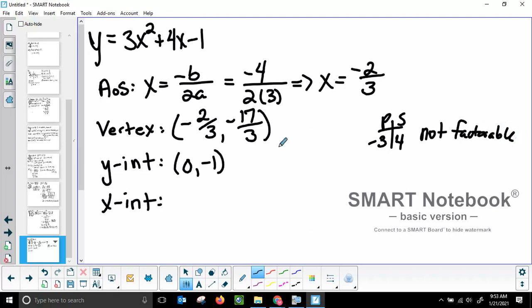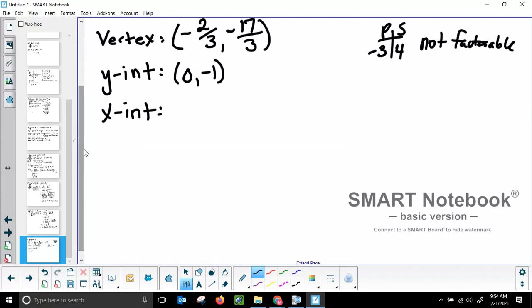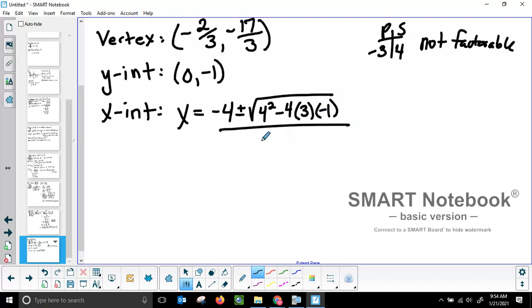which means we're going to have to use the quadratic formula. All right, so x is equal to negative b plus or minus the square root of b squared minus 4ac all divided by 2a.